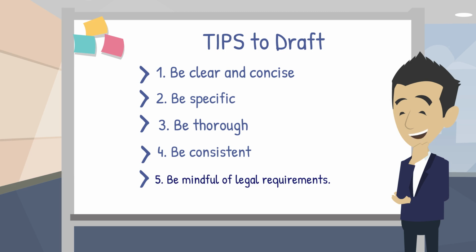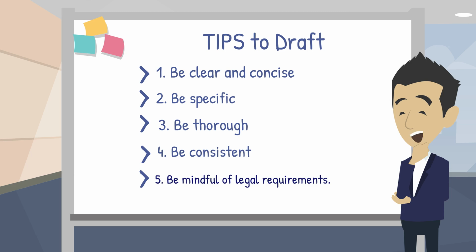Now that we've covered the basics and types of contracts, let's go over some tips on how to draft a contract effectively. 1. Be clear and concise. A well-drafted contract should be easy to read and understand. Use clear, simple language and avoid using legal jargon. 2. Be specific. Make sure the contract includes specific details about the subject matter of the agreement, such as the scope of work, the price, and the timeline. 3.